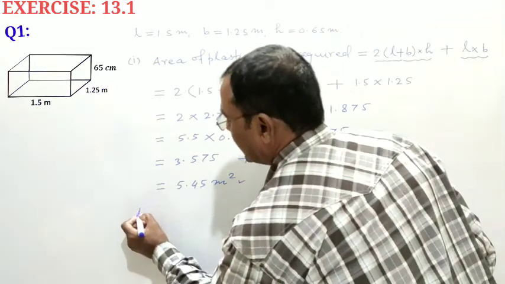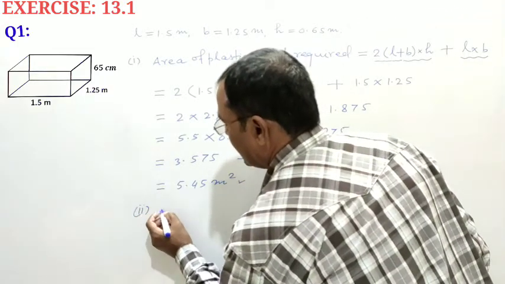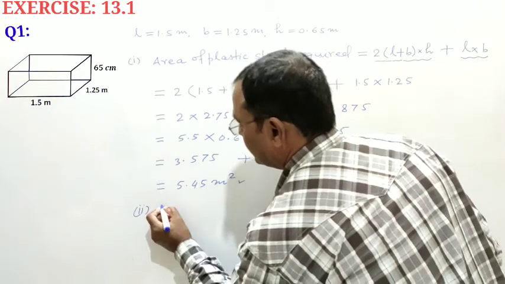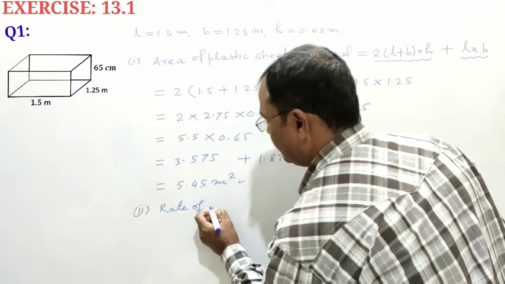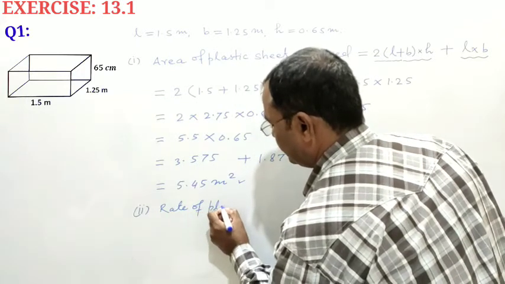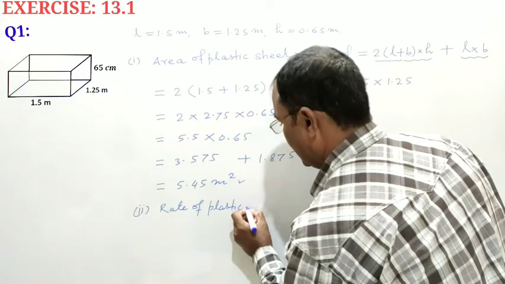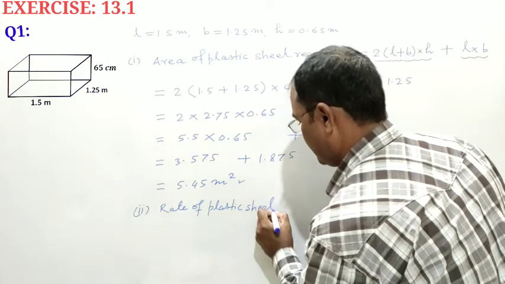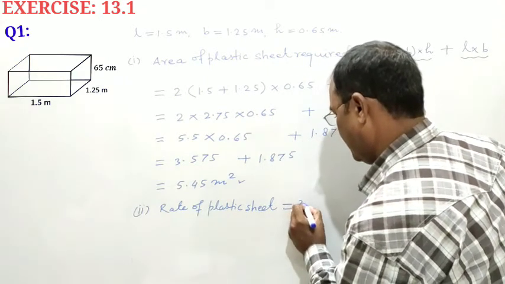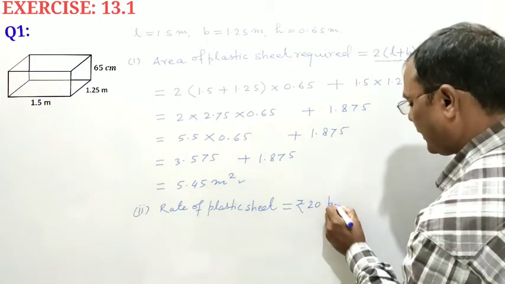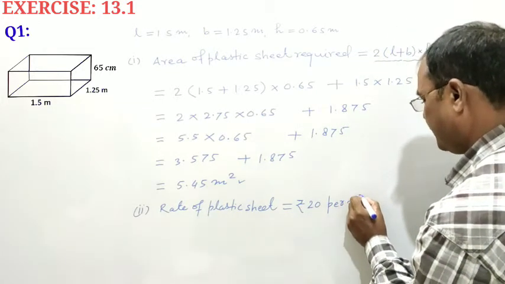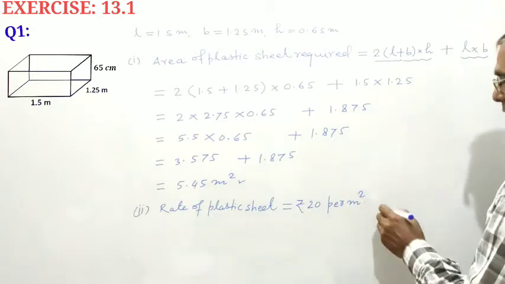So second part, let's write rate of plastic sheet is equal to rupees 20 per meter square, it is given.